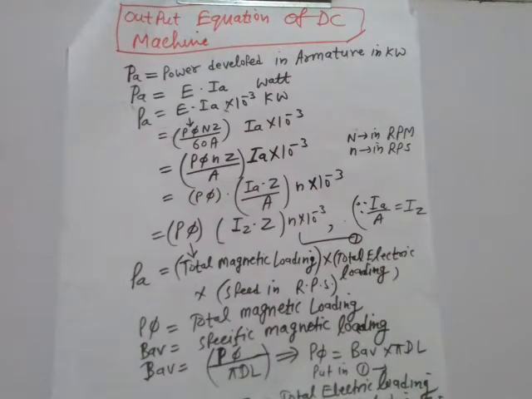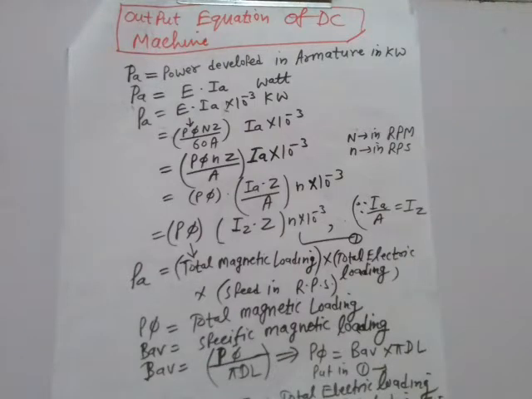Today we will discuss the output equation of DC machine. The output equation basically relates the physical parameters of the machine with the electrical parameters.